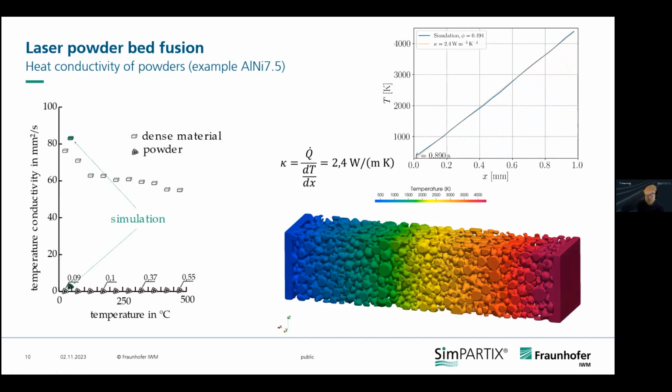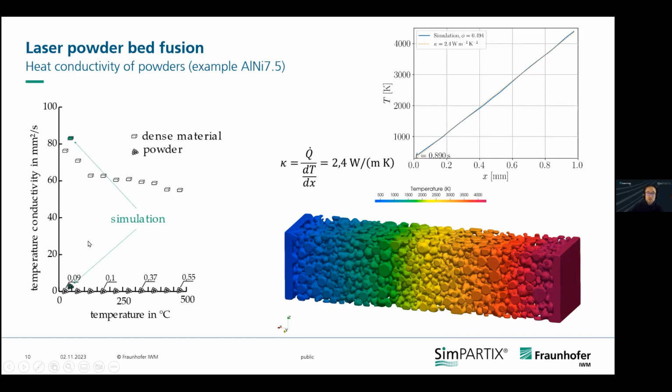However, there's a difference if we compare a powder with the dense material, and this is this figure. What we're looking at is the heat conduction. Here on top, this is the dense material, fully dense, and here on the bottom, this is the powder. I want you to see that there are two orders of magnitude between both of them.